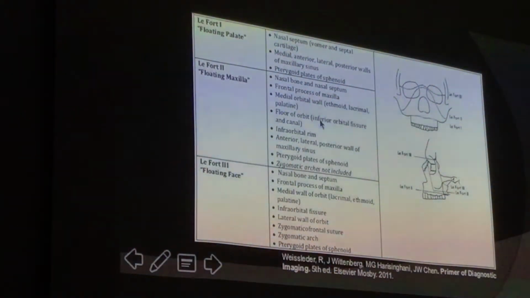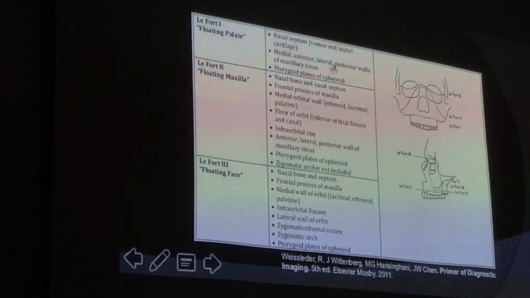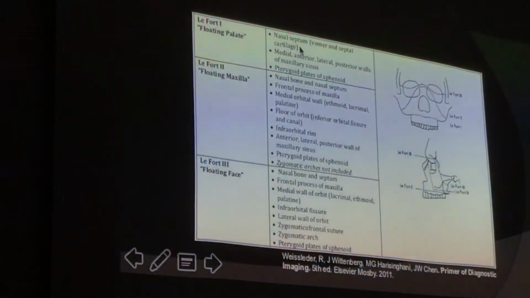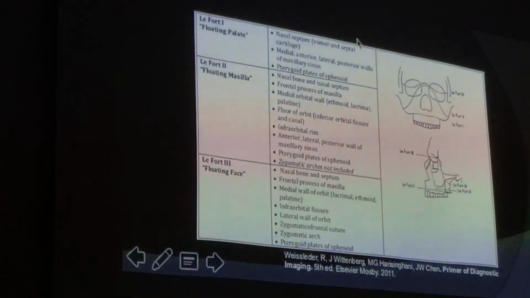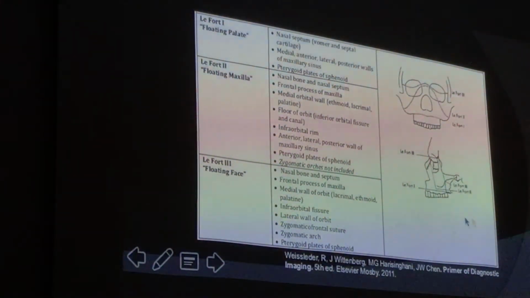But one thing that is always involved in all of these fractures is you always have involvement of the nasal septum, you always have involvement of all the walls of the maxillary sinuses, and you also have involvement of the pterygoid plates of the sphenoid. So those are the bones which are always involved. And then the higher the class of the fracture, the more bones become involved.